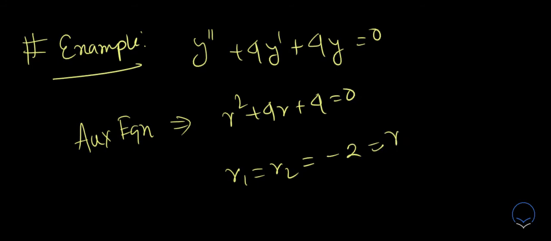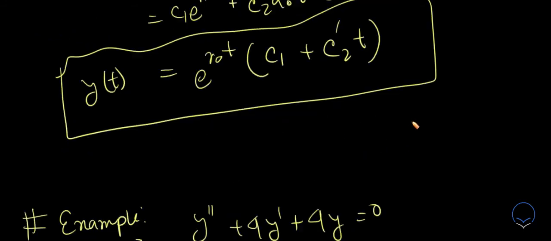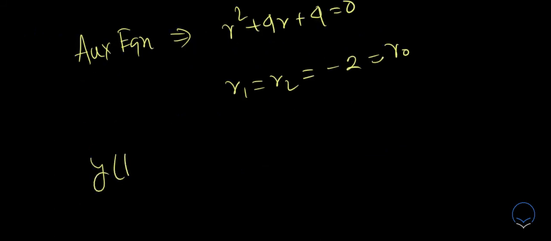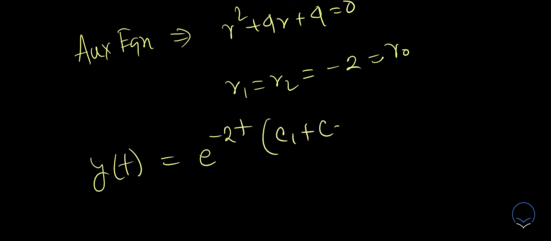So let's call this minus 2 as r0, and you just use this solution. Our general solution will be e to the power minus 2t times c1 plus c2 t. You can give a prime or not, that's up to you. These are just two arbitrary constants, but there is a t over here, and that's it.